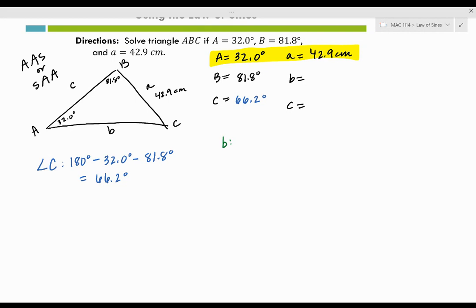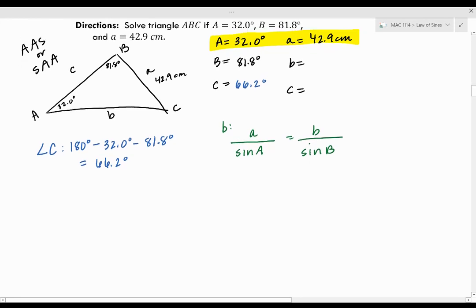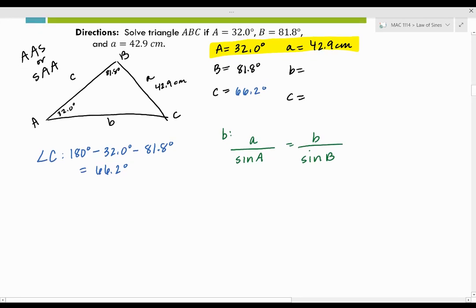Because I'm looking for a side, when I write the law of sines, the lowercase letters need to be in the numerator. So I'm going to say little a over sine of A, because that's what I know, equals little b over sine of B. And in this proportion, I'm going to fill in what I already know. I know little a is 42.9.